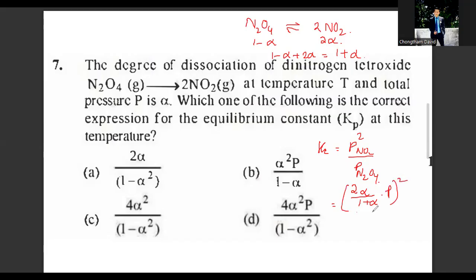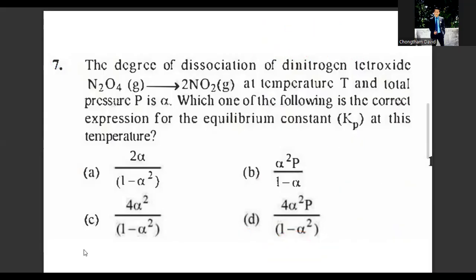Since it is squared, take the square, divided by 1 minus alpha by 1 plus alpha into pressure. After simplification, you would get 4 alpha squared P by 1 minus alpha squared. So the nearest combination would be option D as the answer for question number 7.